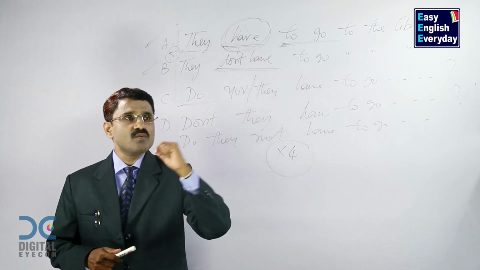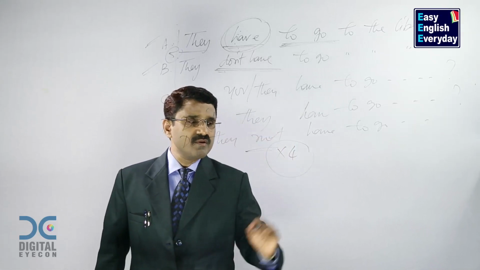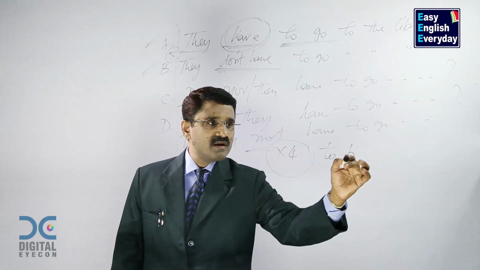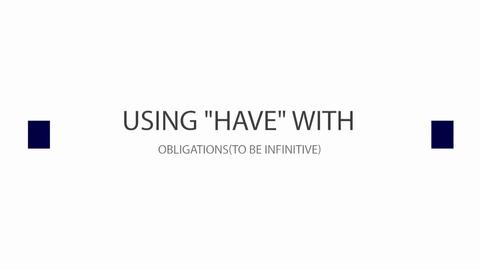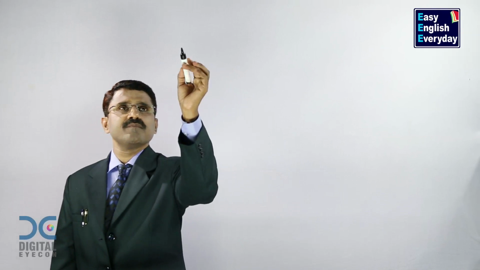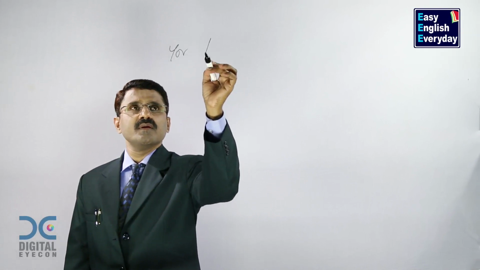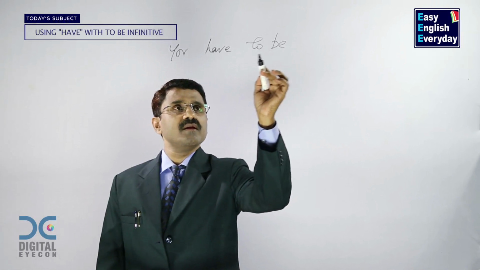So this is one part of obligations. It can also be used with to be. Let us see how it can be used with to be. Now just take a look at these sentences. It is almost the same but with a small twist. You have to be.